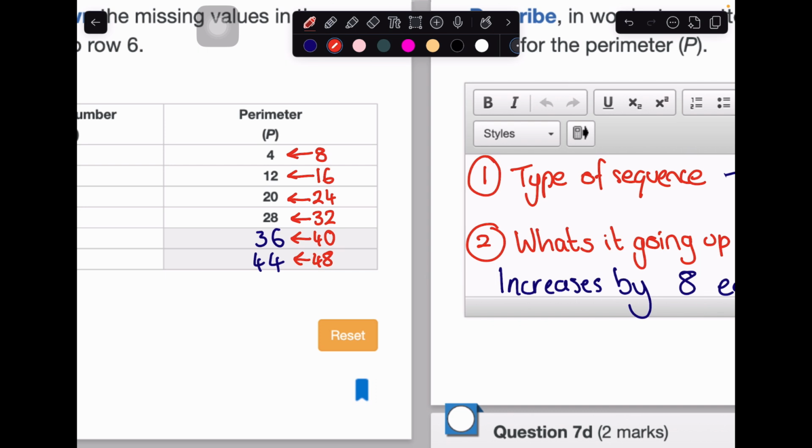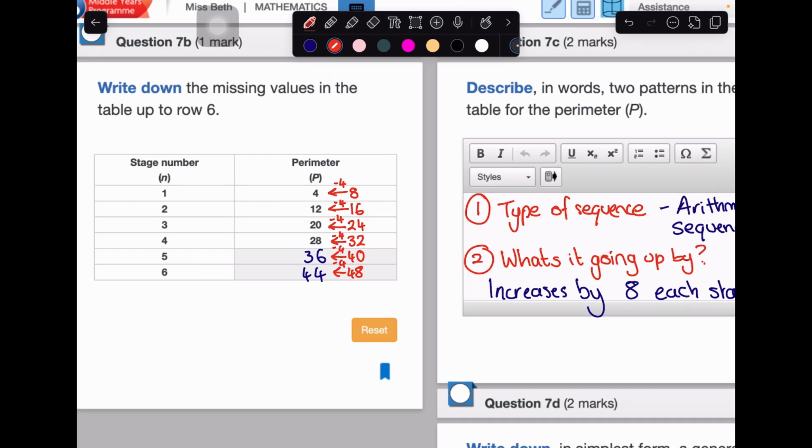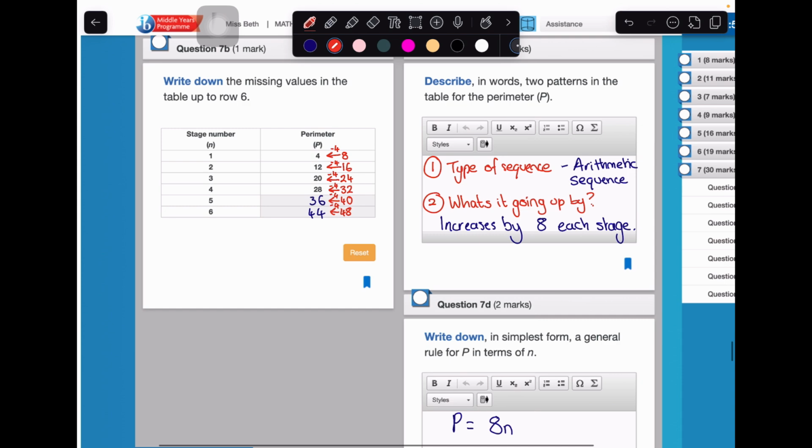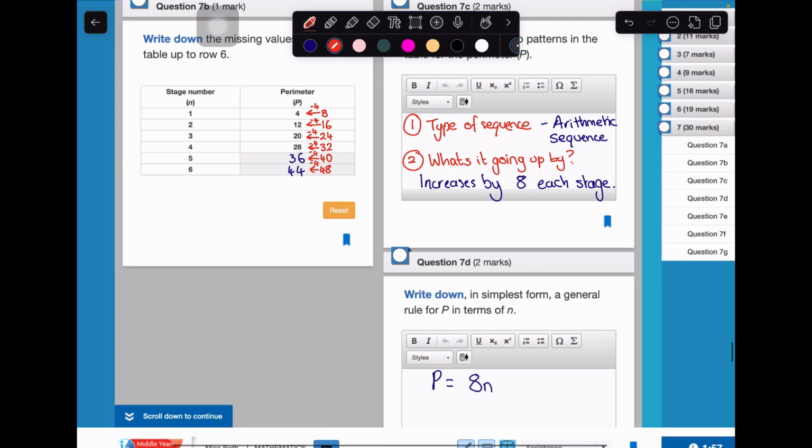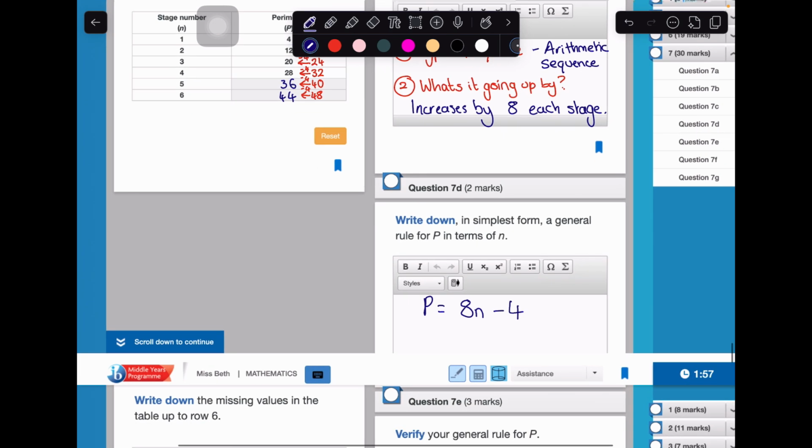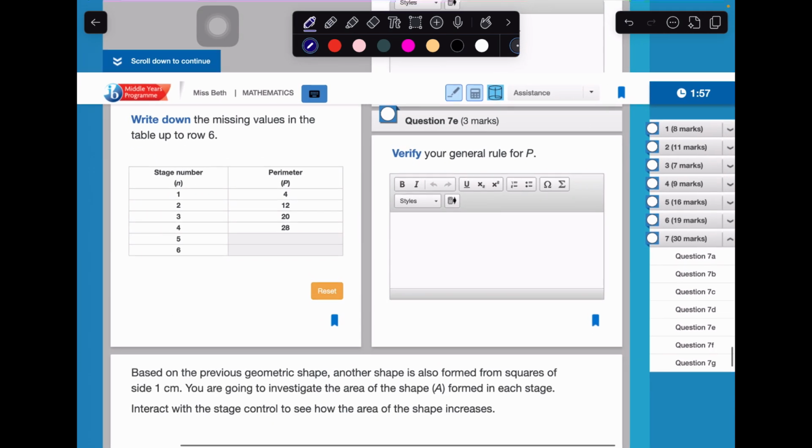Okay, so I can see, well, to get from 8 to 4, I need to take away 4. 16 to 12, subtract 4. 24 to 20 is subtract 4. And this works for every single stage, okay? So then I'm going to go back to my rule, which so far we have 8n, and I know that it is 8n subtract 4.